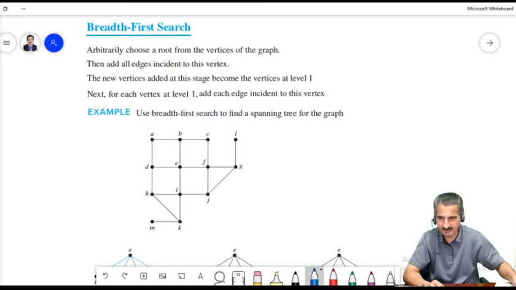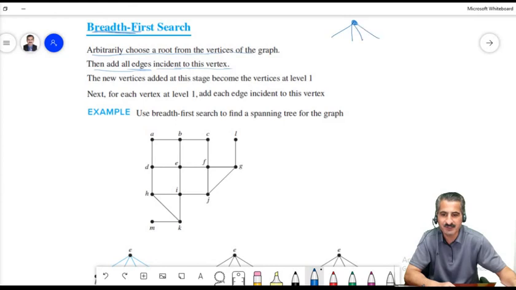And what does this algorithm say? Breadth first algorithm: choose an arbitrary vertex as the root of the tree, then add all edges incident to this vertex. So you choose a vertex, but this vertex is connected in the graph to other vertices, so make them level 1.